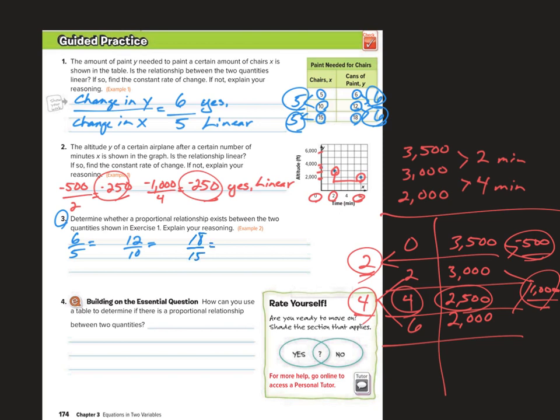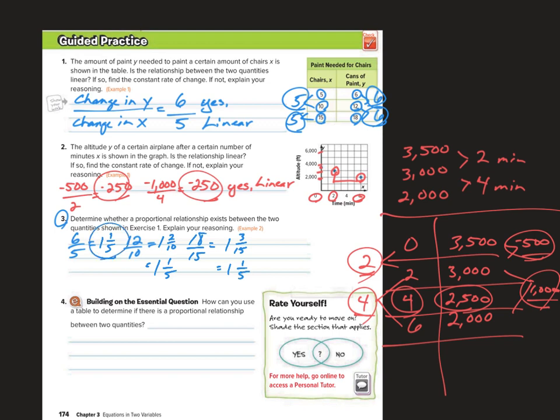So to figure out if this is proportional, I do my dividing. 6 divided by 5 would give me 1 1/5. 12 divided by 10 would be 1 2/10, which is also 1 1/5 when I simplify it. And then 18 over 15, which is 1 3/15, or 1 1/5 when I simplify as well.